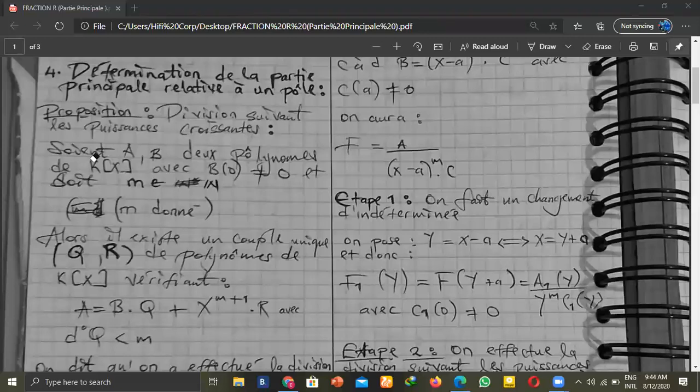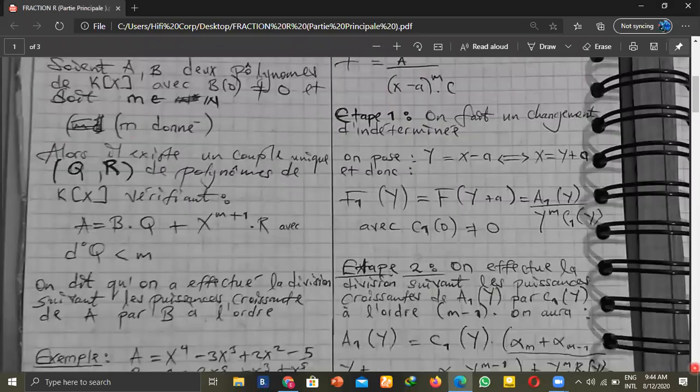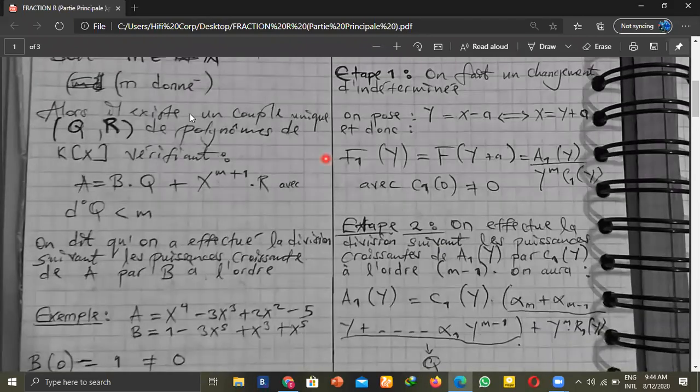So I'm saying soit A, B des polynômes, soit Q de x avec B(0) not equal to 0, so our denominator must not be equal to 0. Soit m appartient à N, and this m stands for our order, our multiplicity. M est donné. Alors il existe un couple unique (Q, R), which you know are our quotient and our remainder, when you do the division.